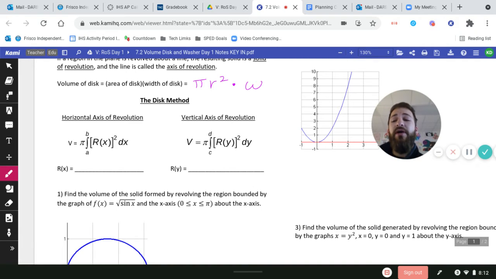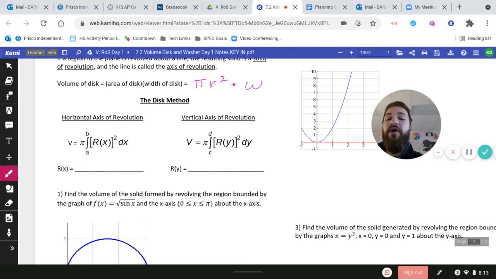This should feel similar to when we were doing our cross sections, where it was perpendicular to x or perpendicular to y. Okay, so horizontal axis, it's an r of x equation. Notice that's pi, r standing for radius, squared, and then w is the same as dx, because multiplying by the width is what we're doing when we're actually integrating.